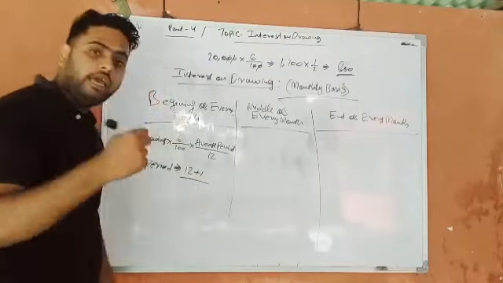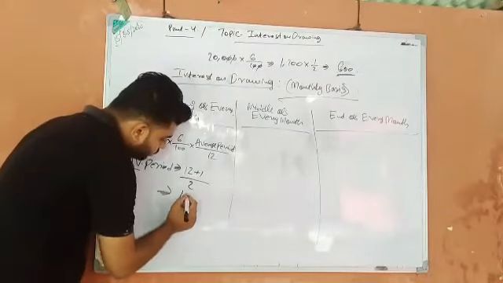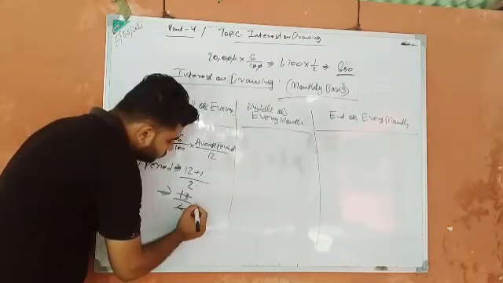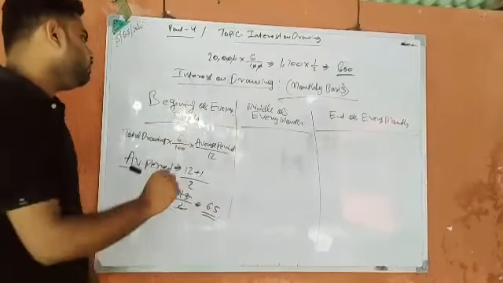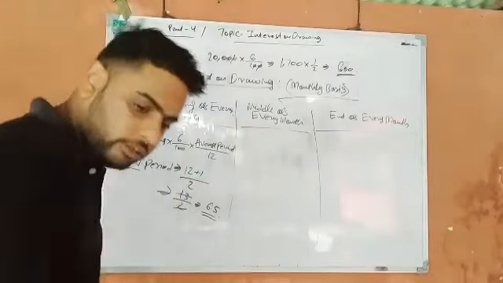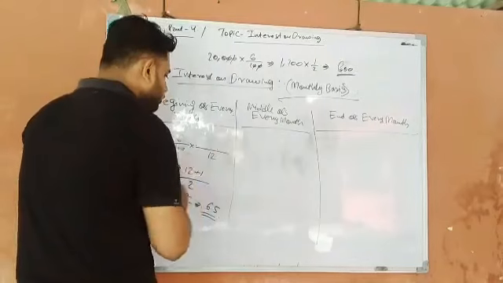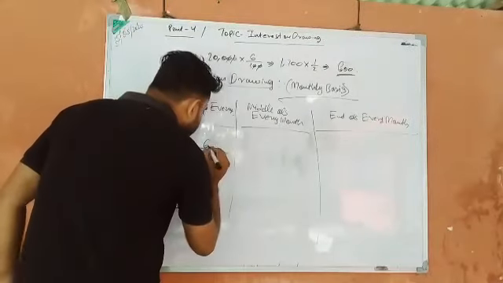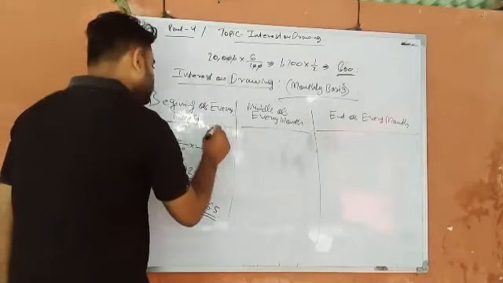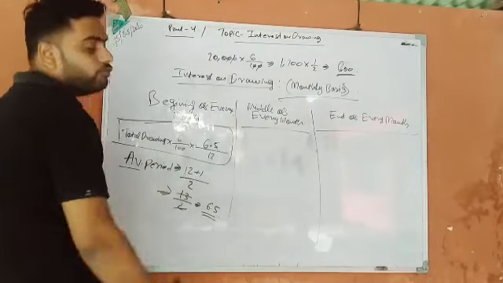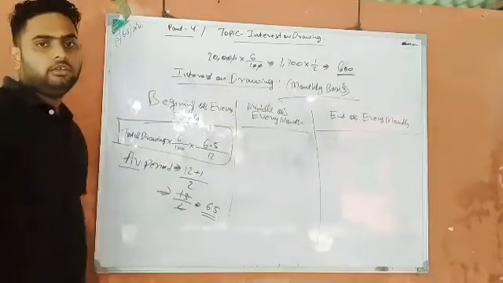So we have to do average, so we must divide by 2. 13 divided by 2, so the answer is 6.5. So this average period will be 6.5. This is the formula for calculating interest on drawing for beginning of every month.